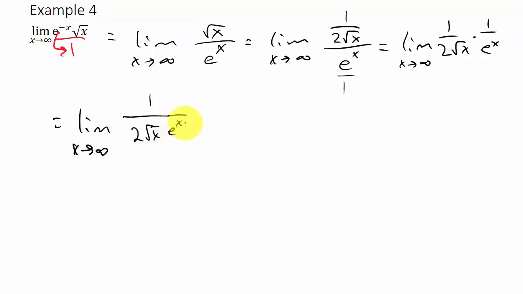Alright, so what's this denominator doing? The denominator is going to infinity. Square root of x is going to infinity, and e to the x is going to infinity. So a big number times another really big number gives us another big number. So the denominator is going to infinity, but the numerator is staying at 1, so that means the whole fraction is going to 0.